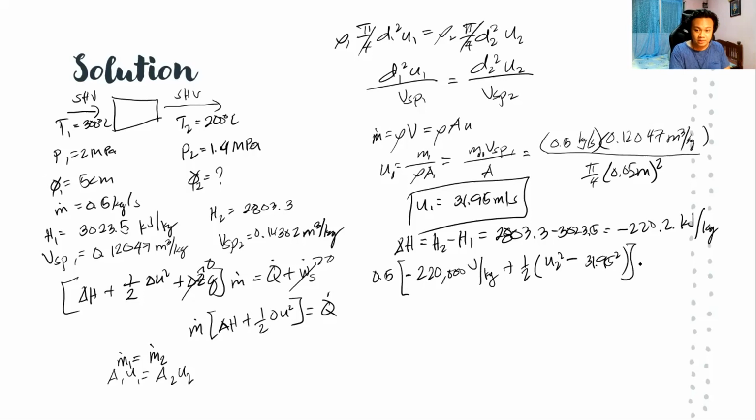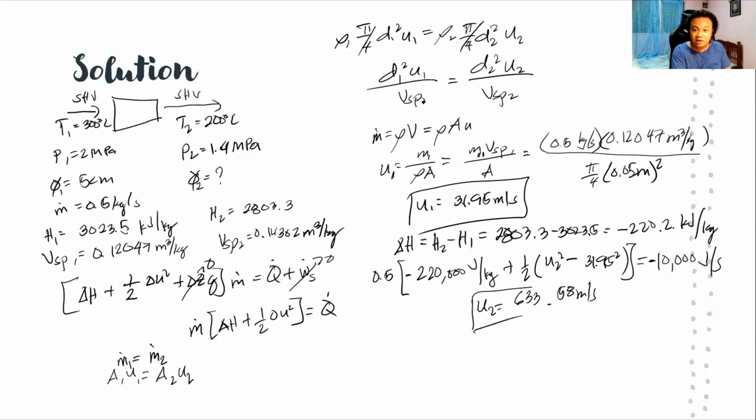Then we have negative 10,000 because we are given kilojoules per second, right? So that's negative 10,000 joules per second. Okay, so solve to find U2. That's 633.58 meters per second.